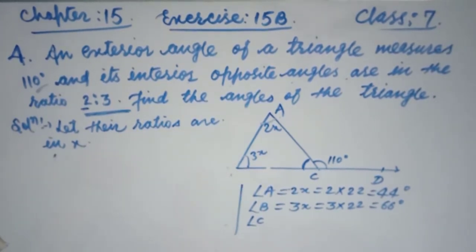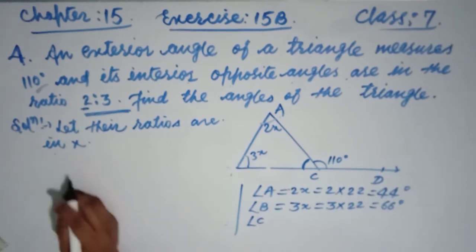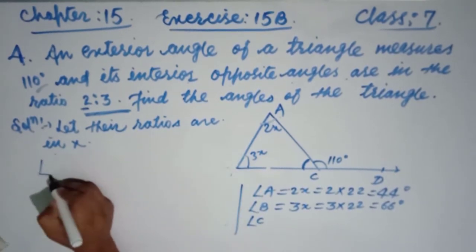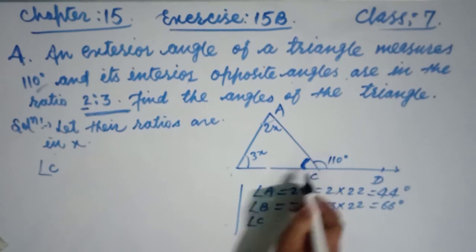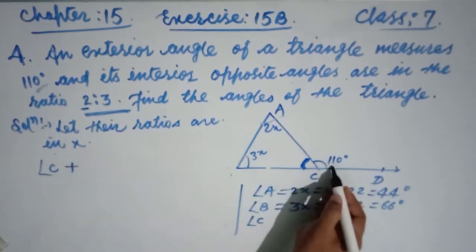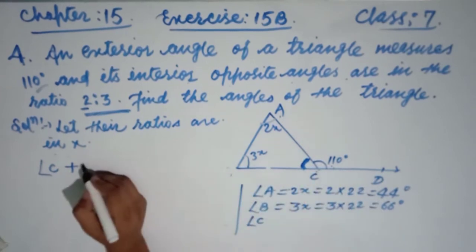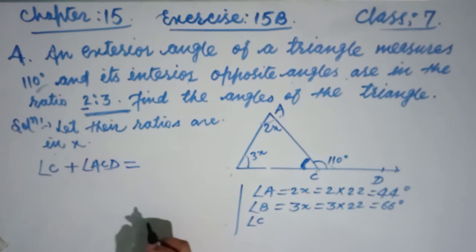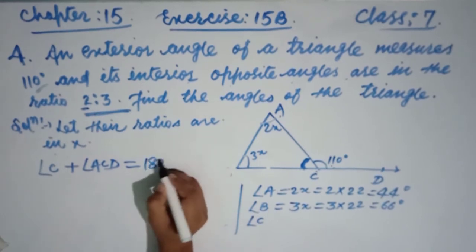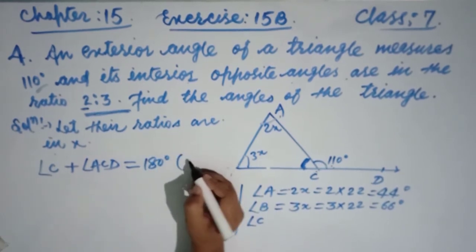Now see, for finding the third angle C, only this angle C, this angle C plus this angle ACD is equal to 180 degrees because it is a straight angle.